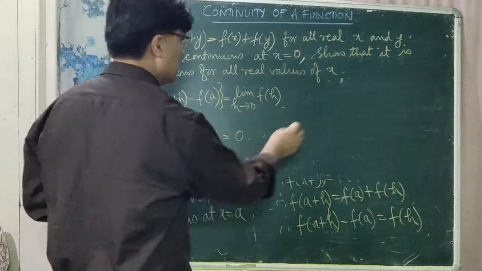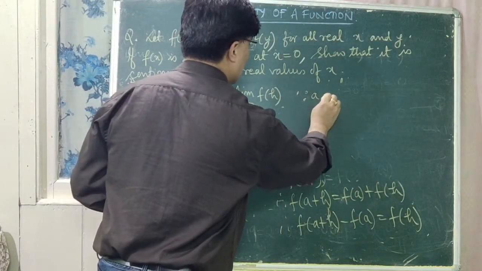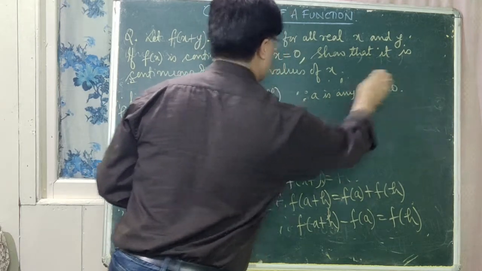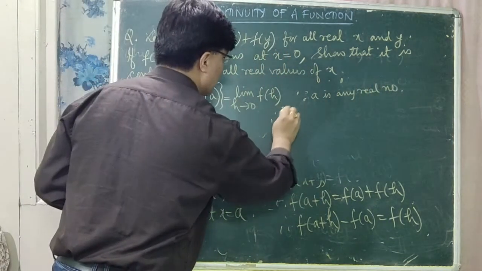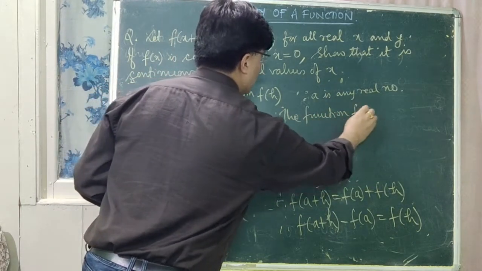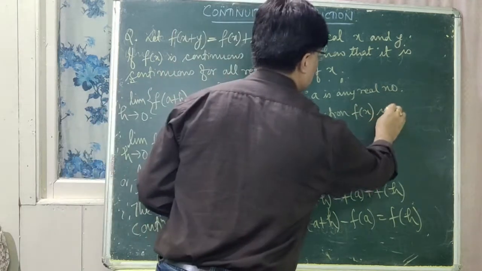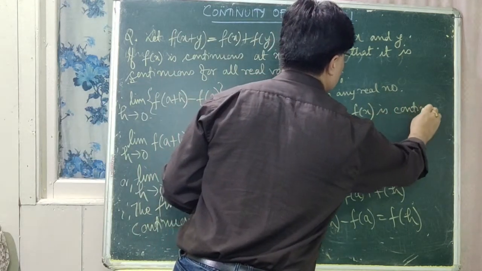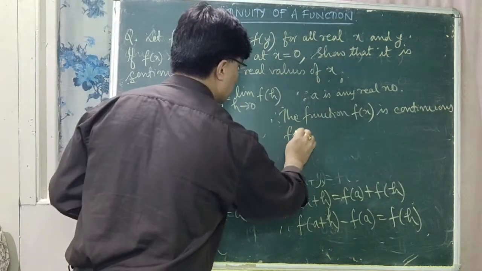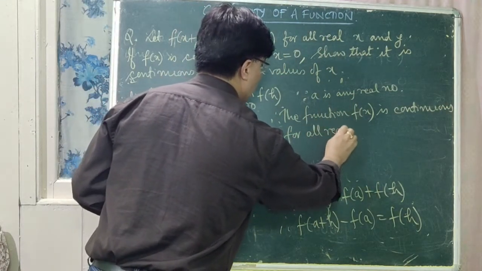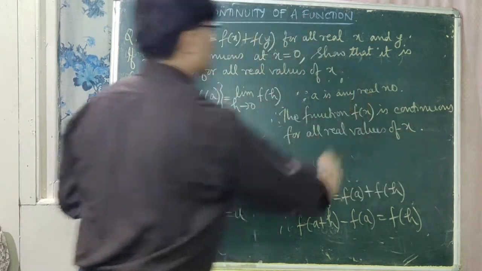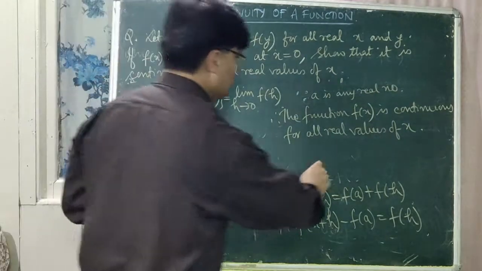So you write, since a is any real number, therefore the function f of x is continuous for all real values of x. So it is proved.